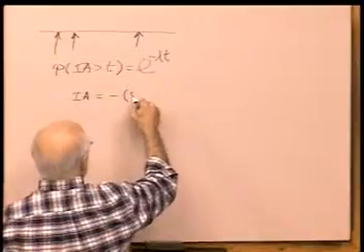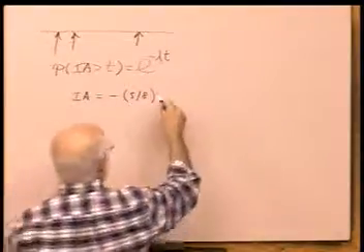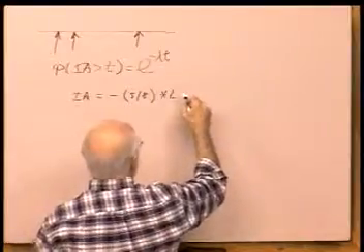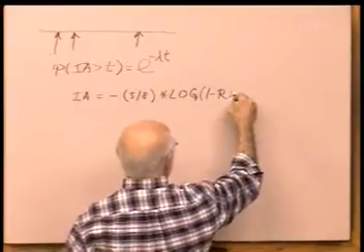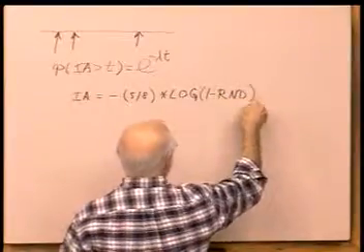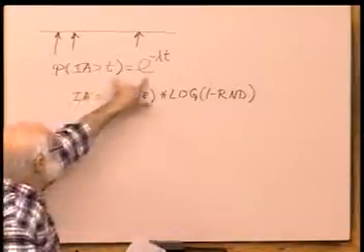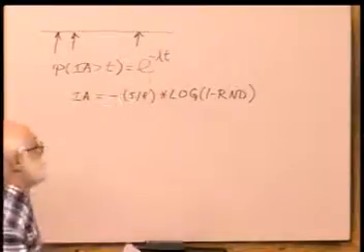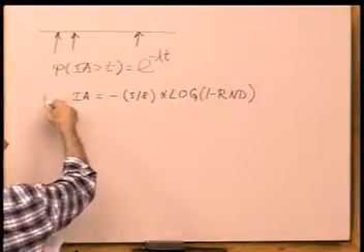So if I take 5/8, that's the average inter-arrival time, and I multiply that by the log of 1 minus a random number, that is a number that's uniform between 0 and 1, then the inter-arrival times will follow this particular property. They will have this distribution. And in the code, this is statement number 110.